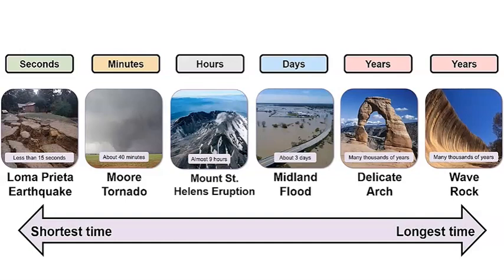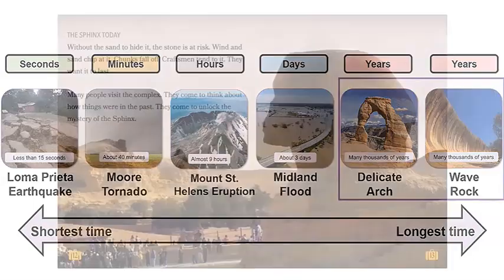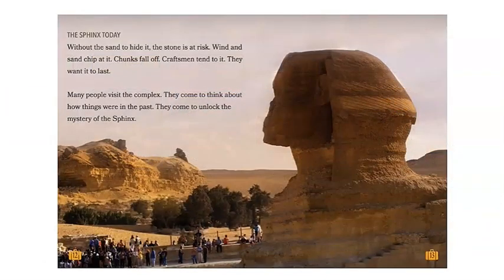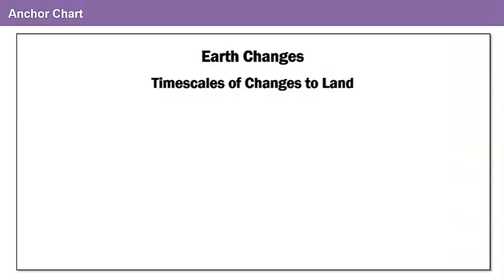But wait, how do scientists know those changes have been happening for thousands of years if no single person could have observed them? Are you thinking about the changes to the Sphinx? Scientists often observe present-day Earth events such as small changes to the Sphinx to learn more about how the same kinds of events happened in the past.